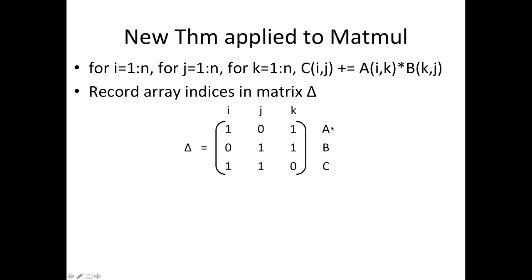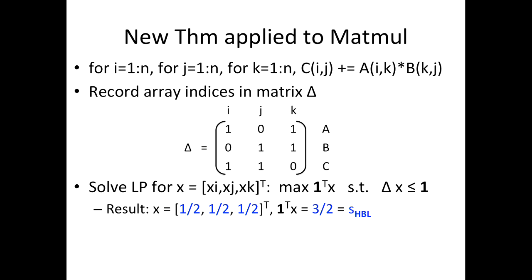There's 1 row for every array in the code, A, B, C, and there's 1 column for every loop index, i, j, k. All this matrix says is which arrays have which subscripts. Matrix A is subscripted by i and k, so I get a 1 there, a 1 there, and a 0 there, because it doesn't have j as a subscript. So that's a very simple description of what the code does.